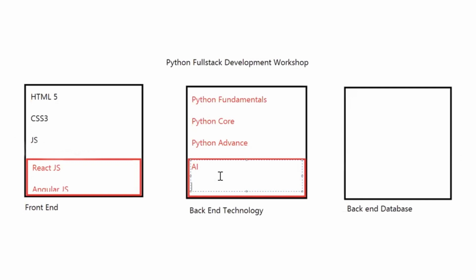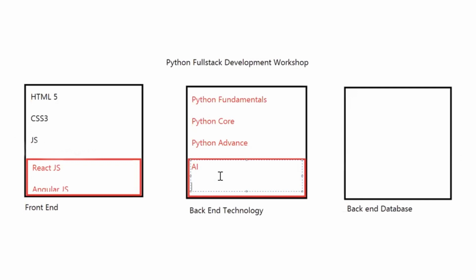In this front end, we are going to start working with HTML, which is known as an HTML file. At the same time, we are working with CSS3. And next we are going to start working with JS, which is known as JavaScript. There are a few other frameworks that we have.